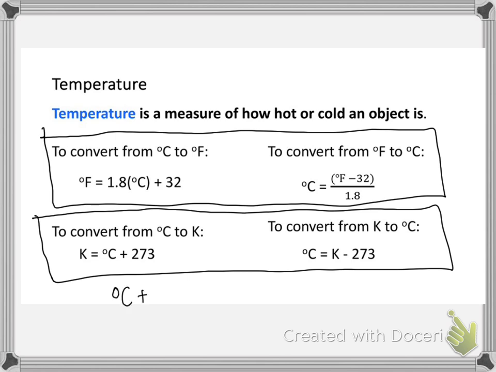Officially, it's 273.15. Your textbook does just use the 273, so that is fine to use. Again, these are given to you. We do need to be able to convert between the two given the equations.